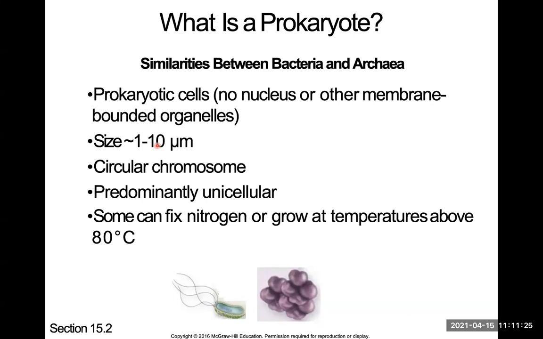They found it in the guts of a fish and also in coral reefs. So that's the biggest prokaryote they were able to find. It has a circular chromosome, and they're unicellular. Unicellular means single cell. They're simple.